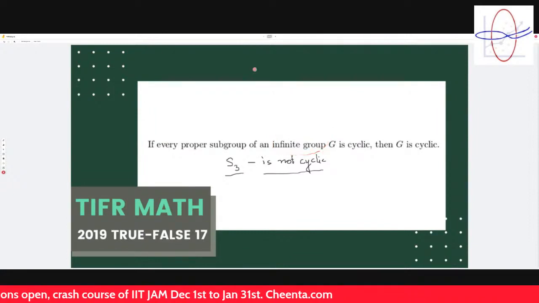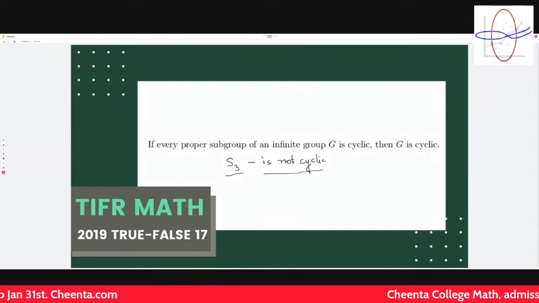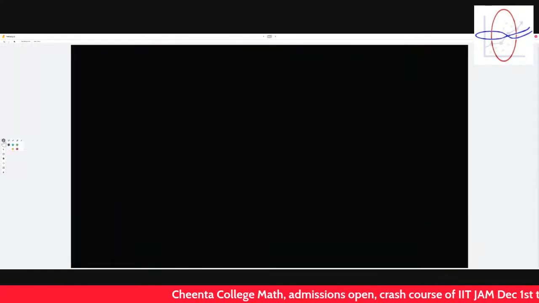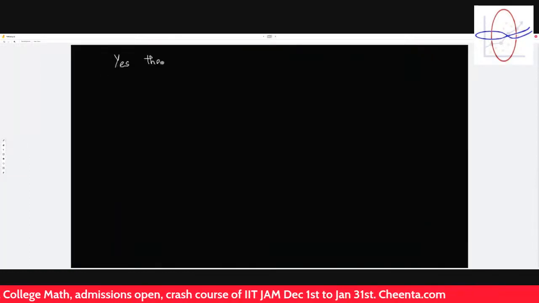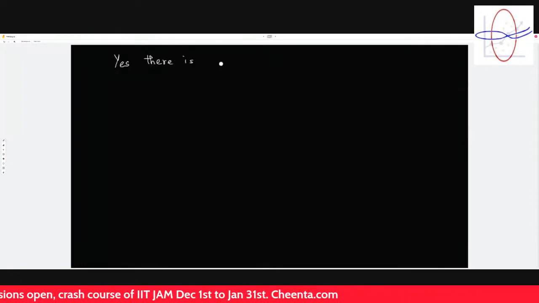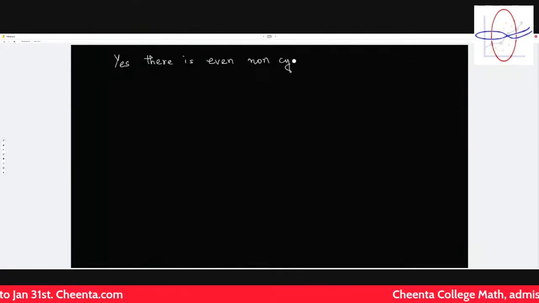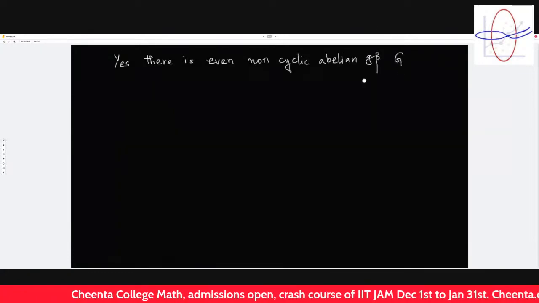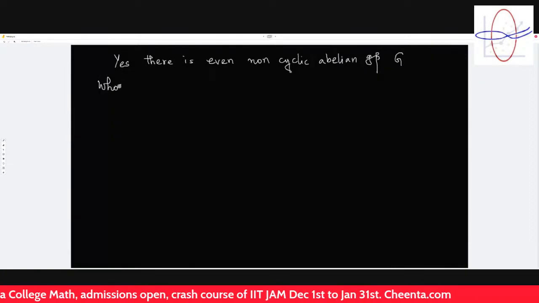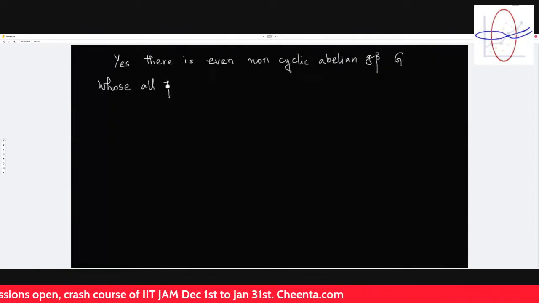So now the question is a little bit more delicate. The question asks, does there exist an infinite group like this? The answer is yes, there exists even a non-cyclic abelian group G whose all proper subgroups are cyclic.